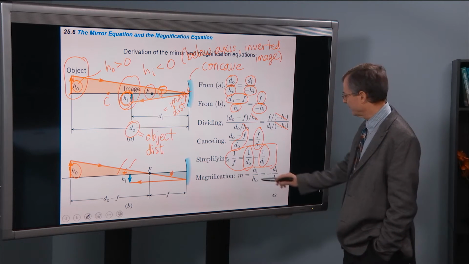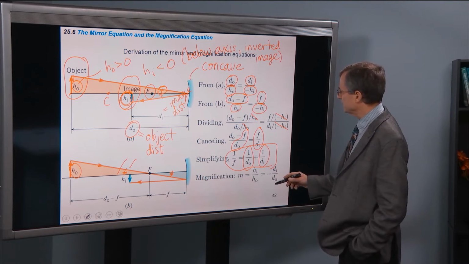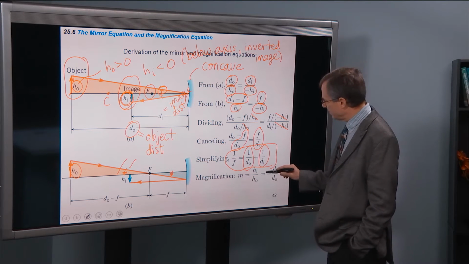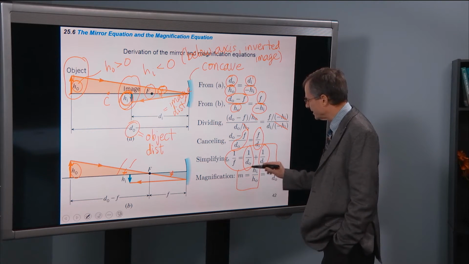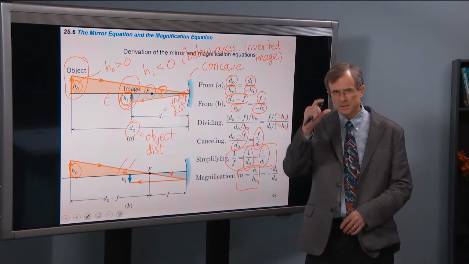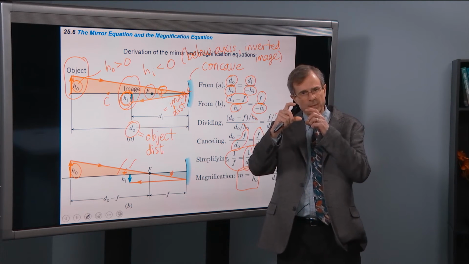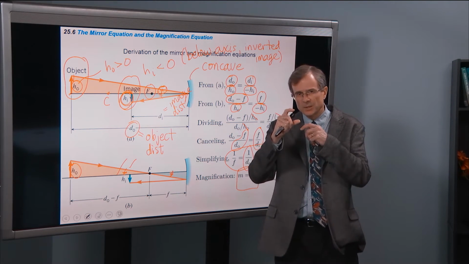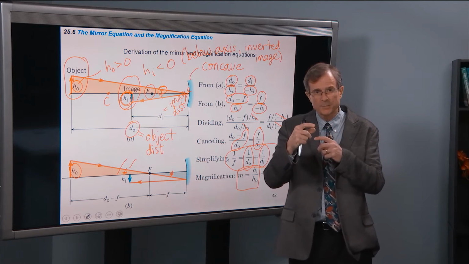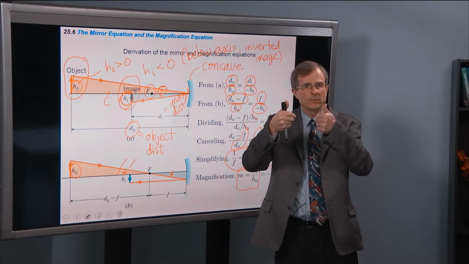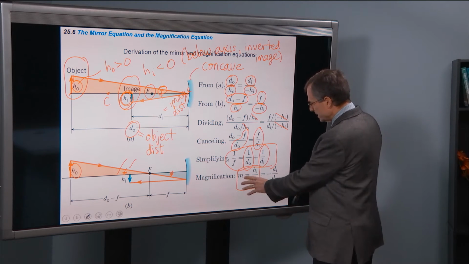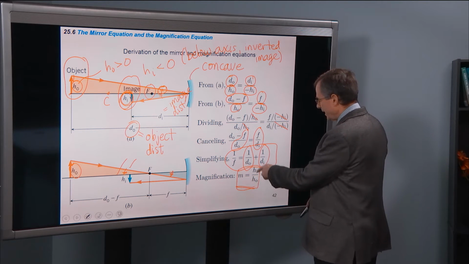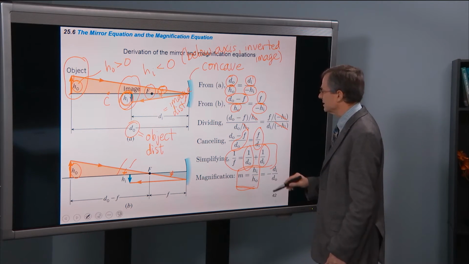And the magnification comes simply as well. The magnification is defined as, like we talked about before, the image height divided by the object height. So if the image height is greater than the object height, the magnification will be greater than 1. So that's the definition of magnification, h i over h naught.